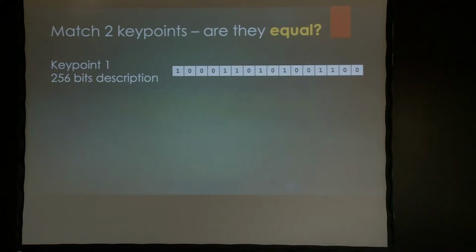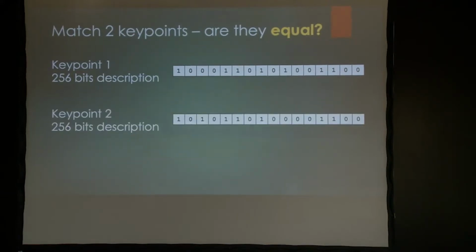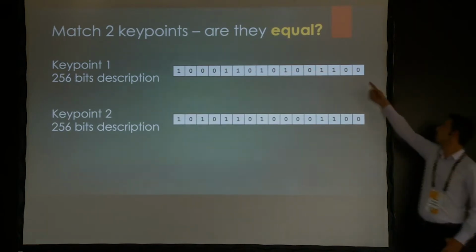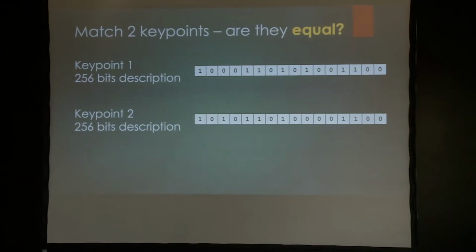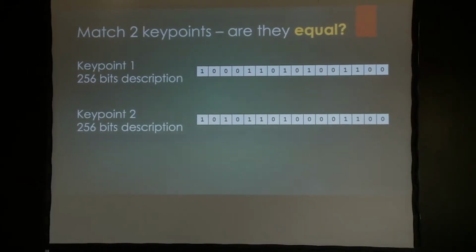And another key point that's described the same way. What's interesting about these bits is that they come from random pairs, but the random pair in one description is the same as the random pair in another description.